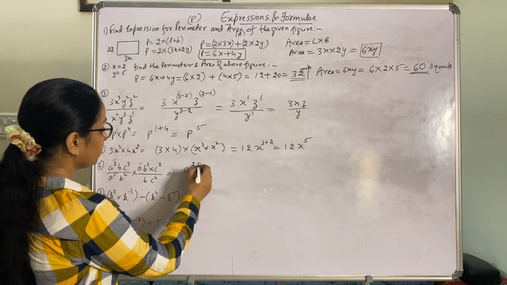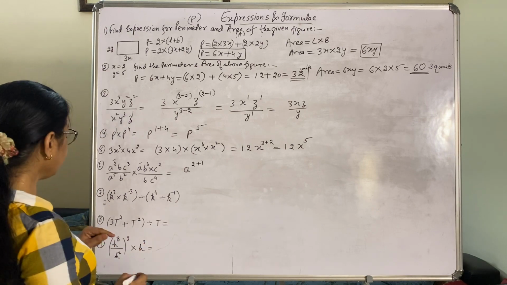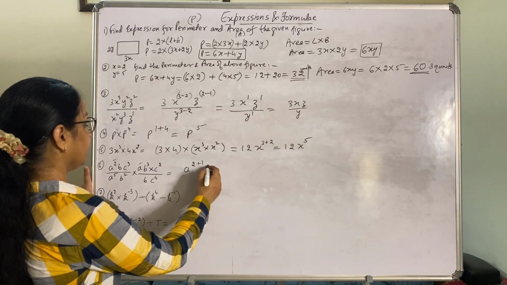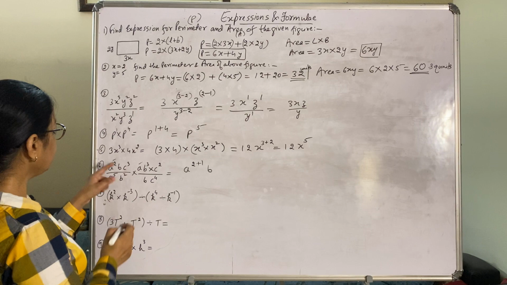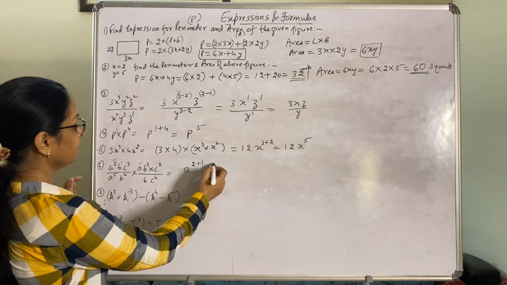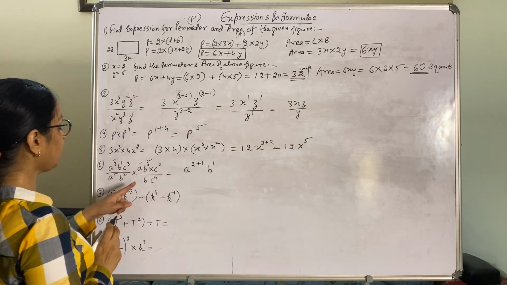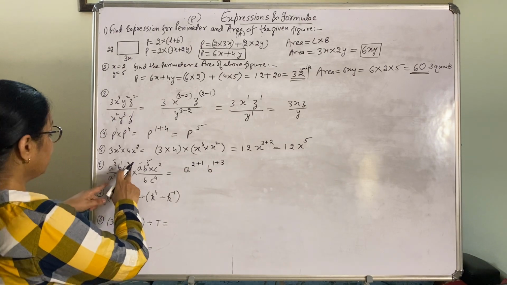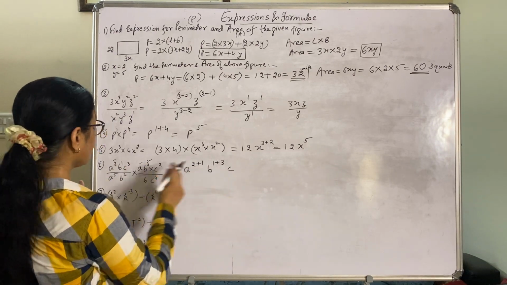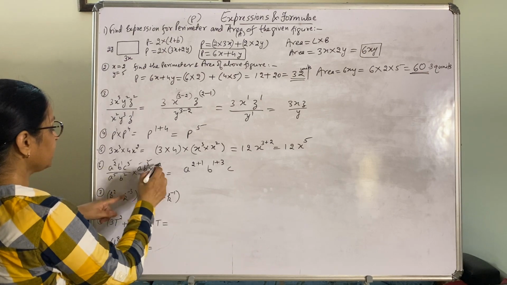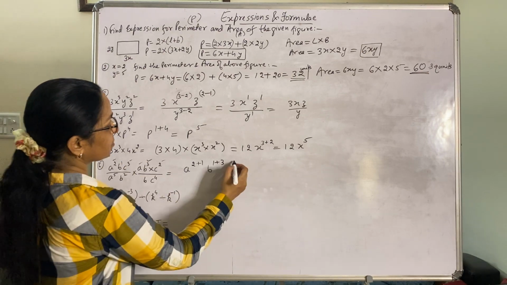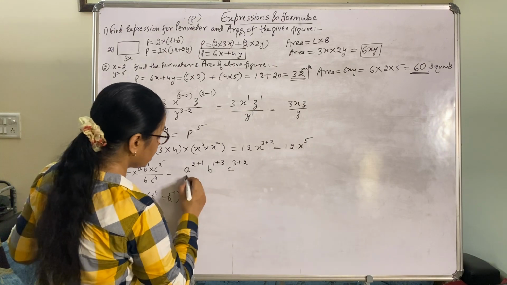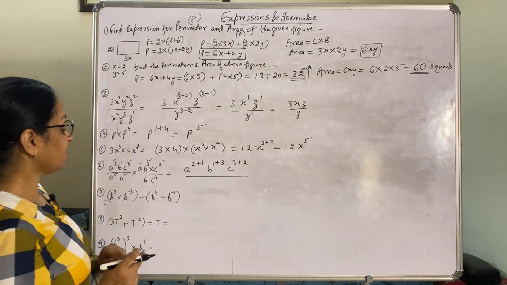So I can write 2 plus 1, correct? Okay. Then coming to b, here it is b raised to the power 1 and this b raised to the power 3. So 1 plus 3. Then coming to c, so this is c raised to the power 3 and c raised to the power 2. So it is 3 plus 2. So this is done for our numerator.